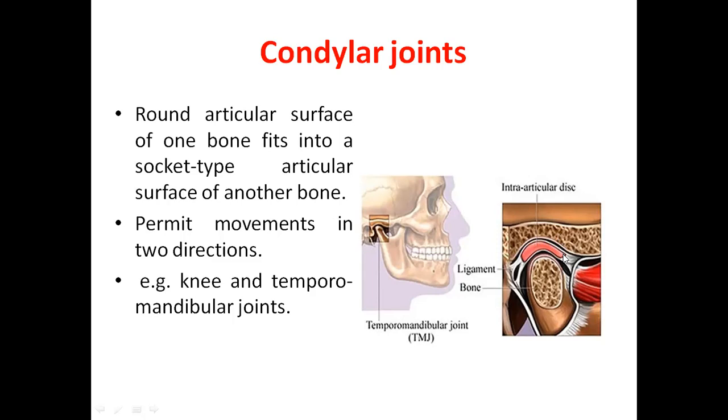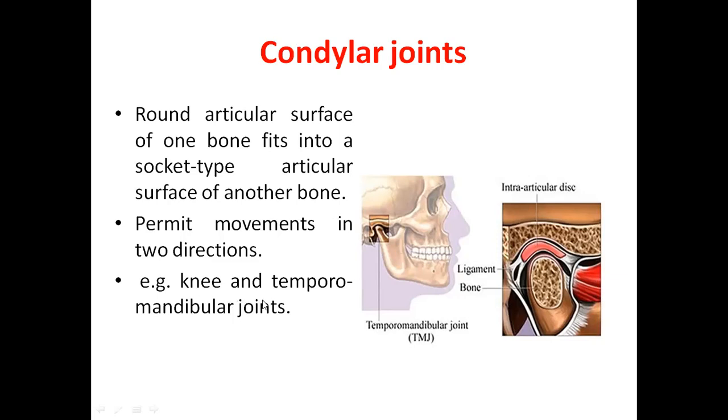So TMJ or temporomandibular joint is a type of synovial joint having the intraarticular disc. It permits movements in two directions, that is elevation and depression of the jaw, and protraction, the forward movement, and retraction, the backward movement to the normal position.